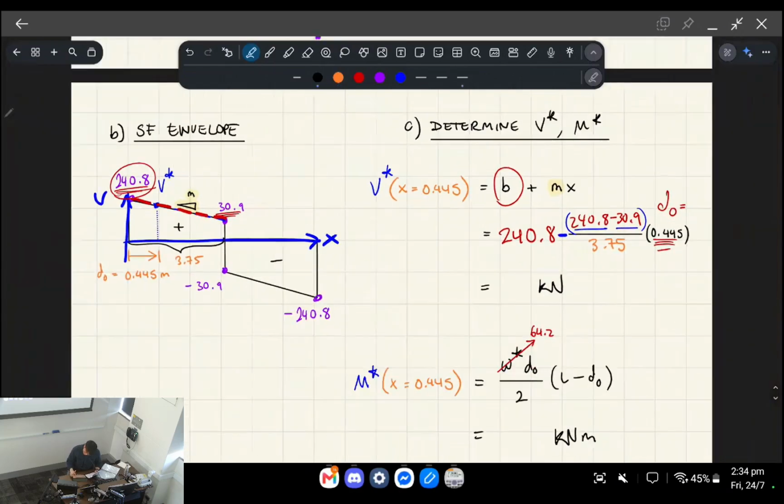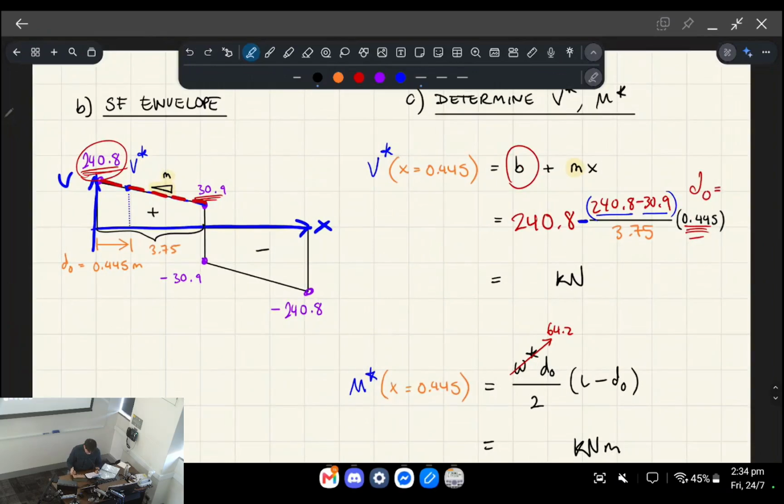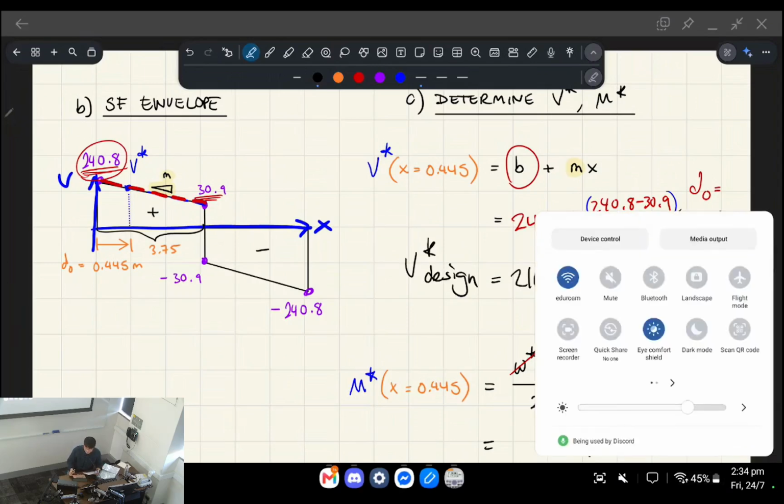So now we have an expression for the straight line function, and we've plugged in dO as what x is, all right? And so that gives us a value of 216 kilonewtons, okay? So that's our design shear. Make sense? Kind of? Not really?